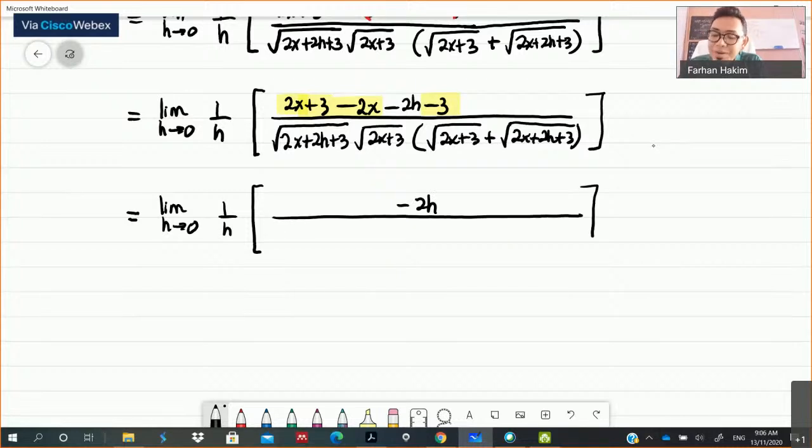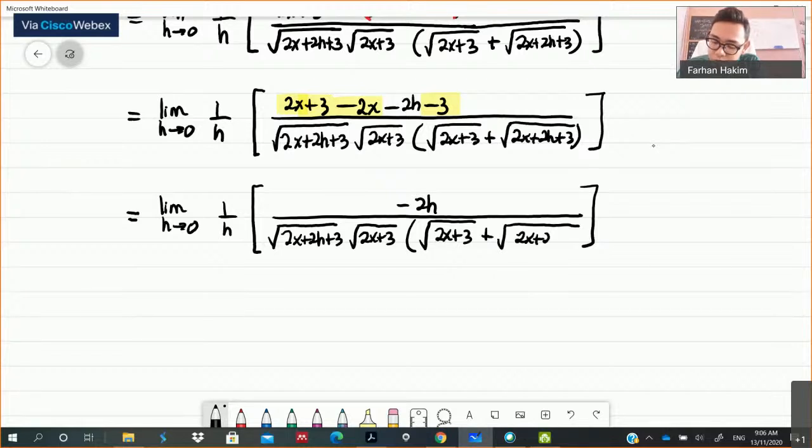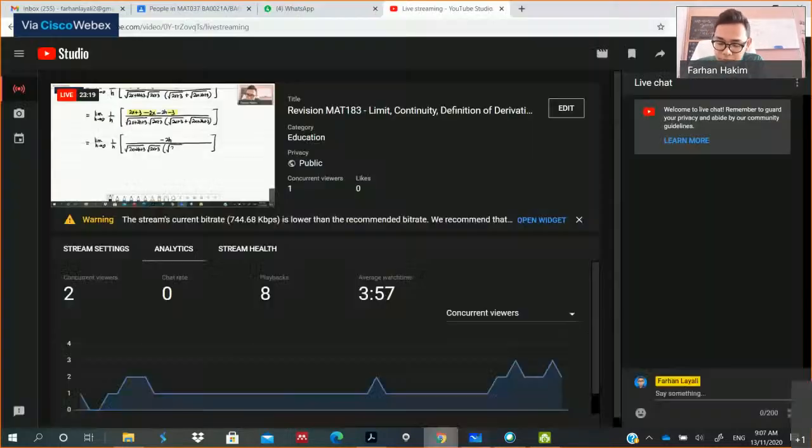Again, at the denominator we have to copy this: square root of 2x plus 2h plus 3, square root of 2x plus 3, times the bracket of square root of 2x plus 3 plus square root of 2x plus 2h plus 3.